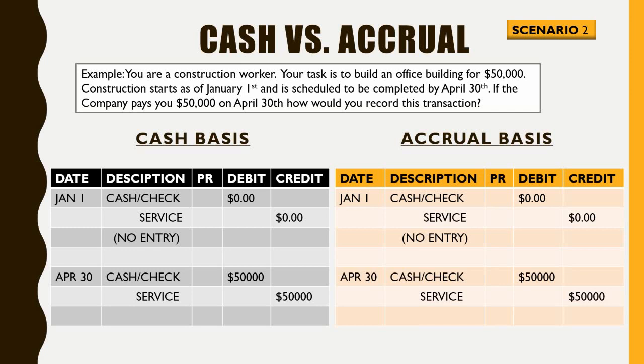So that's the huge difference there. It has to be when the job has been completed that you recognize it under an accrual basis. Cash basis, you record it as soon as you receive the money, whether you completed the service or not. The idea is that you receive the cash.